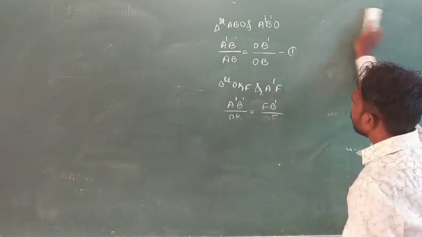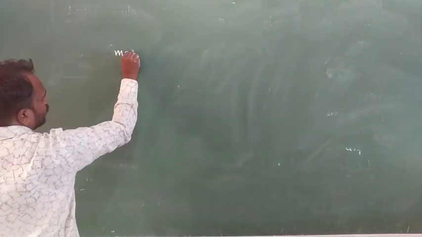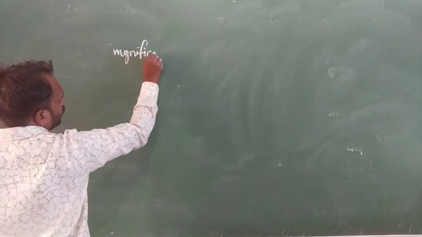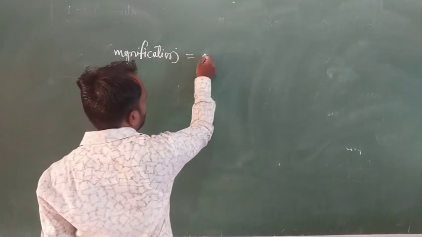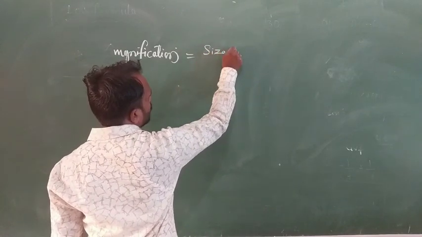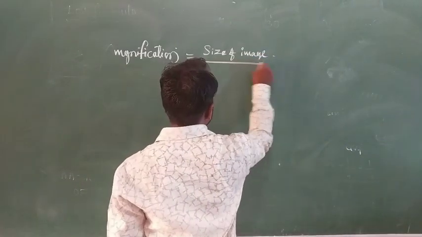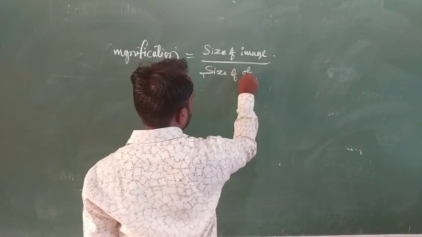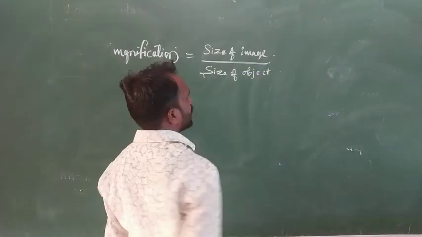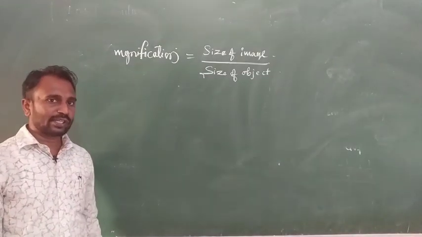It is the ratio of size of image to the size of object. Okay, so this one is magnification.